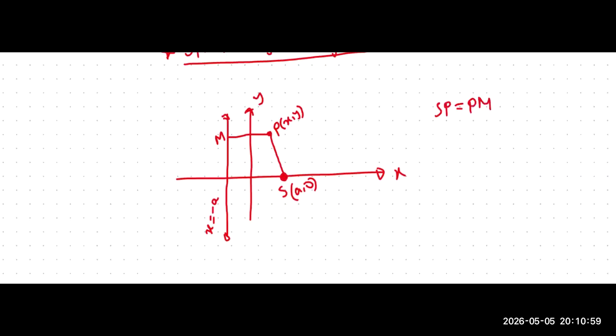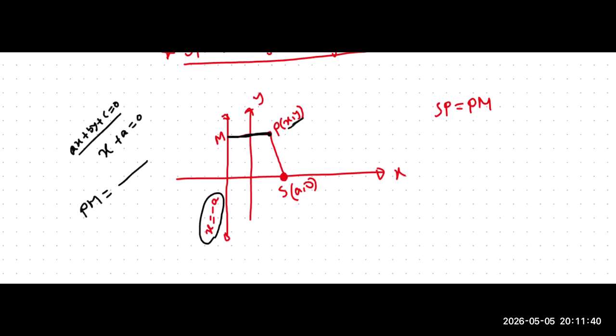Since PM is a perpendicular distance, we need to use the previous formula that we just discussed in our class. For the PM distance, we need to write our straight line in the format ax plus by plus c equal to 0. Since our equation is x equal to negative a, in this format our equation is basically x plus a equal to 0. So for the PM distance we need to put this point x, y into this equation.